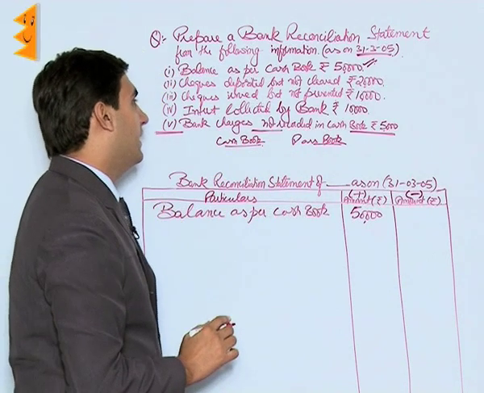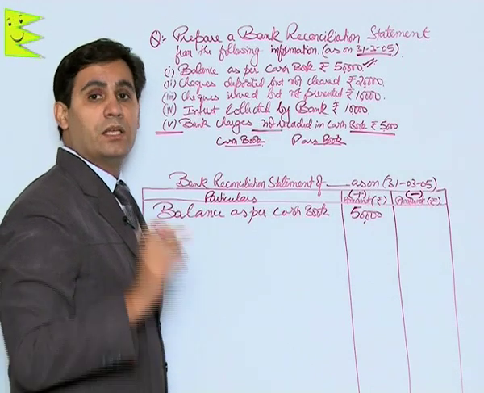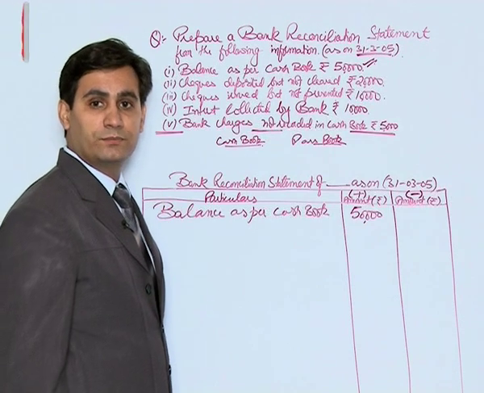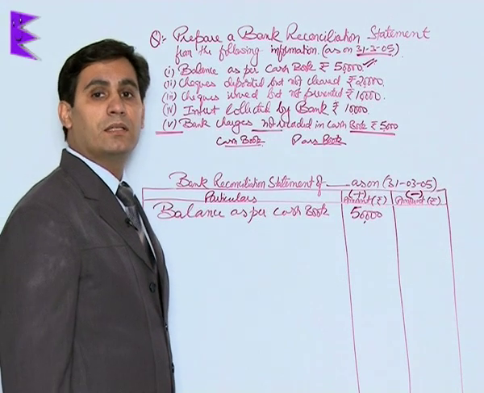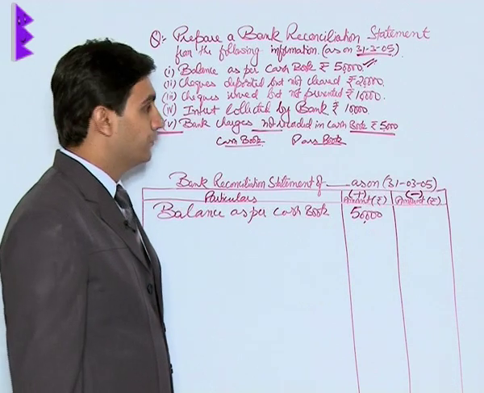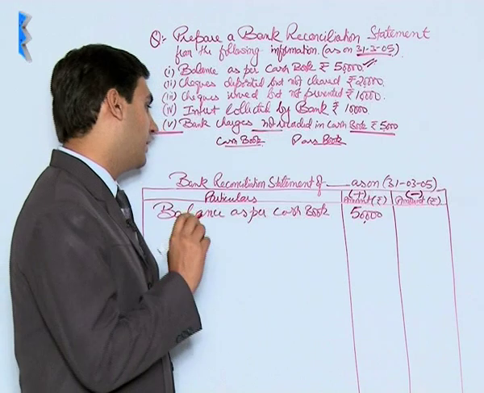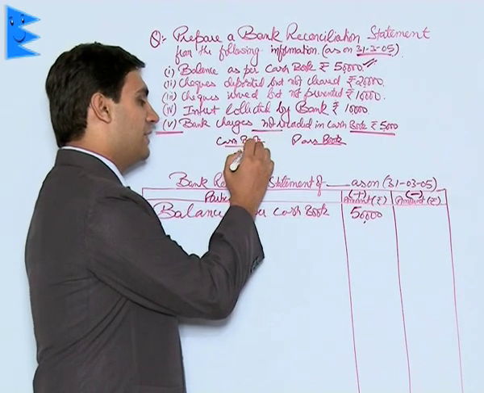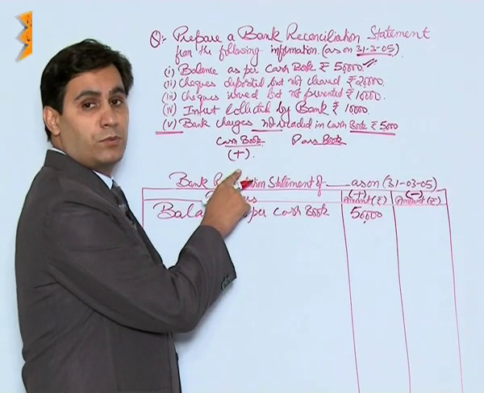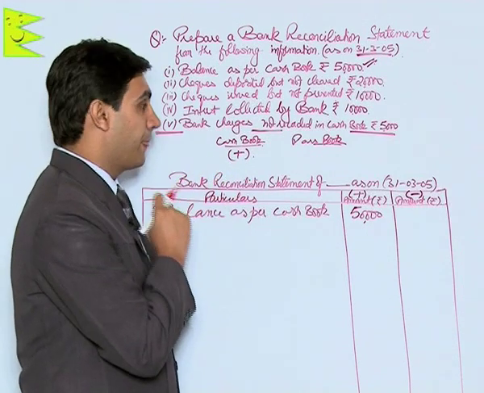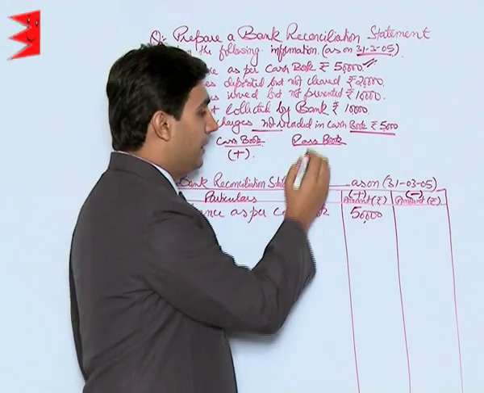Now students, the second entry is checks deposited but not cleared. That means we had received checks from our debtors which we have duly deposited into the bank account, but the payment has not yet been received. Since we have received the checks and we have deposited them, that means we have increased our cash book balance. Plus sign here denotes the cash book balance has been increased by us, but there is no corresponding entry in the passbook.